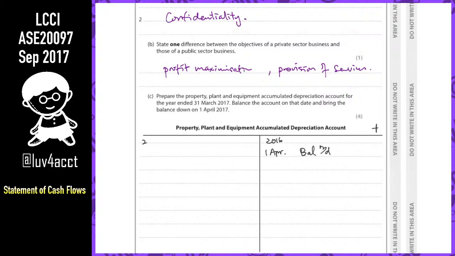Okay, let's see if it is the case. 31st of March 2017, that would be the depreciation. Let's see if we have disposal here. Maybe the date is given to you as well. And then year 2017 we have 31st March balance carried down. Okay, let's see.